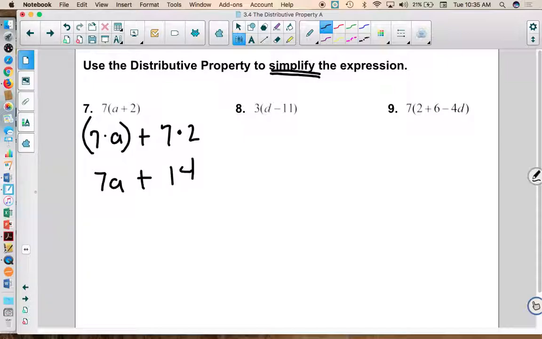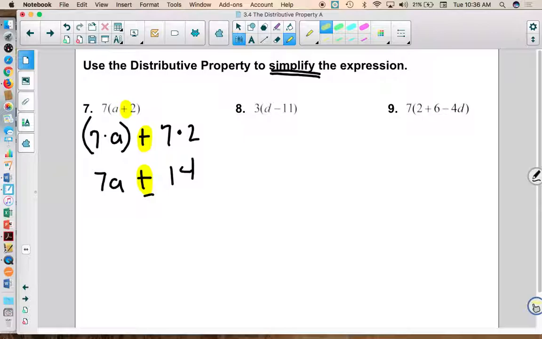Why do I have an addition statement right there? Why do I have a plus right there? How do I know it's addition? Emmy? Because in the original problem it said 7 times A plus 2. Because of that one right there. I keep that one here, and I keep it here.